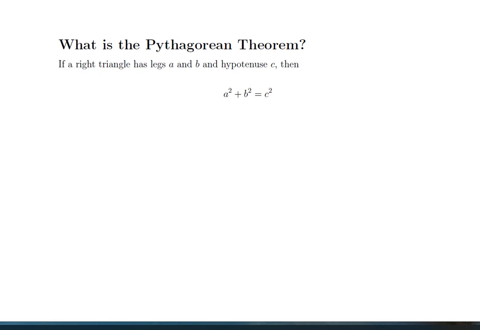So let's make that theorem a little bit better. Let's do an if and a then. If a right triangle has legs A and B and hypotenuse C, then the conclusion is a squared plus b squared equals c squared. I kind of circled funky there so it was hard to see.